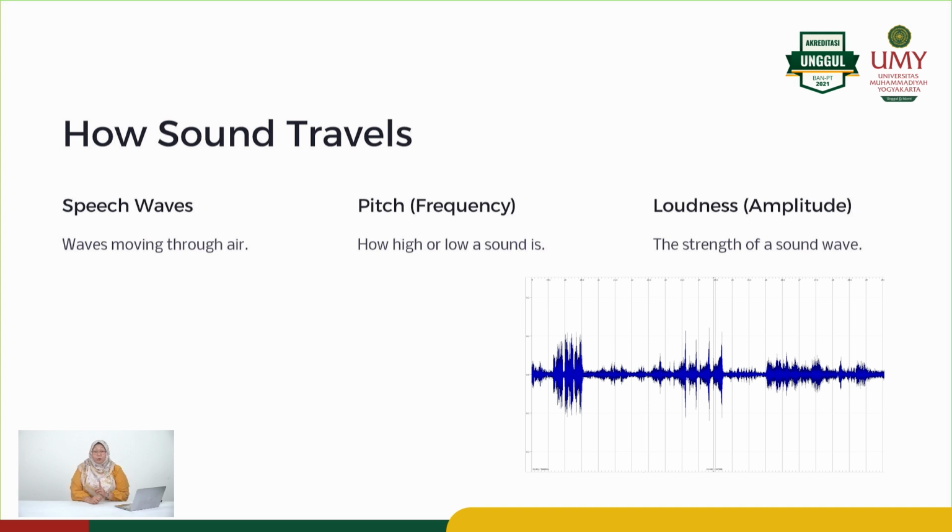Pitch, or frequency, determines how high or low a sound is, like the difference between a high-pitched E and a deep O. Loudness, or amplitude, on the other hand, shows how strong the sound is, like the difference between whispering and shouting.